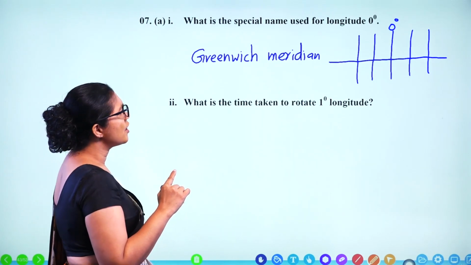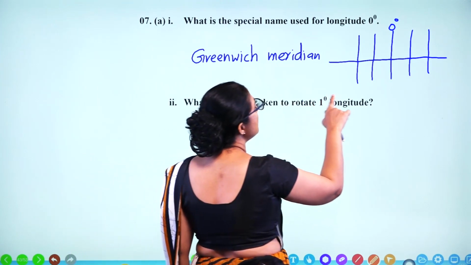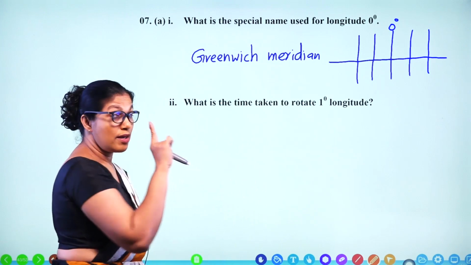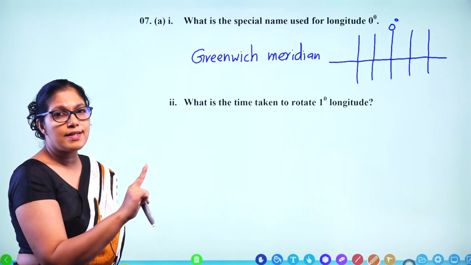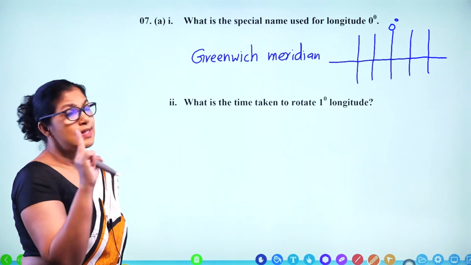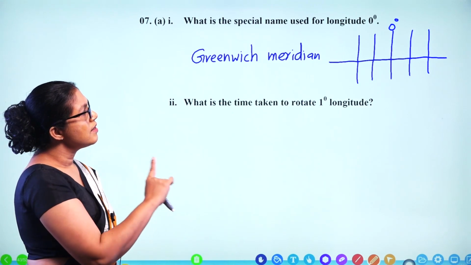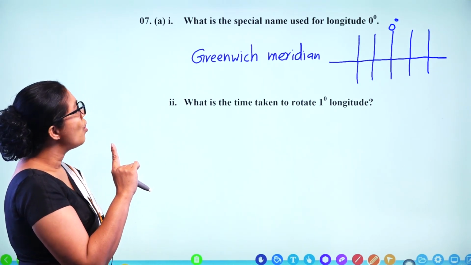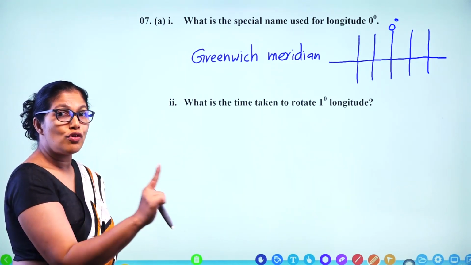What is the time taken to rotate 1 degree longitude way? So when it comes to full round, that's 360. So what's the time taken to rotate 1 circle? That's 24 hours. So within a day, it rotates full circle.